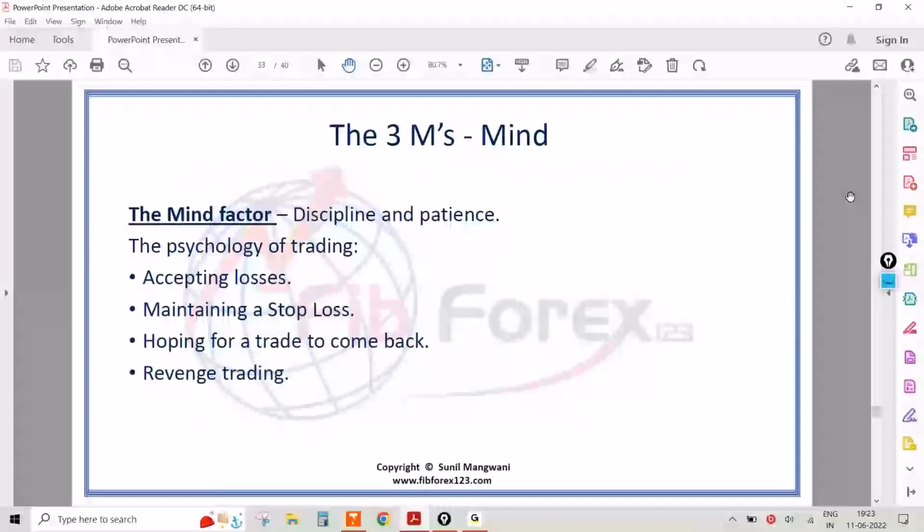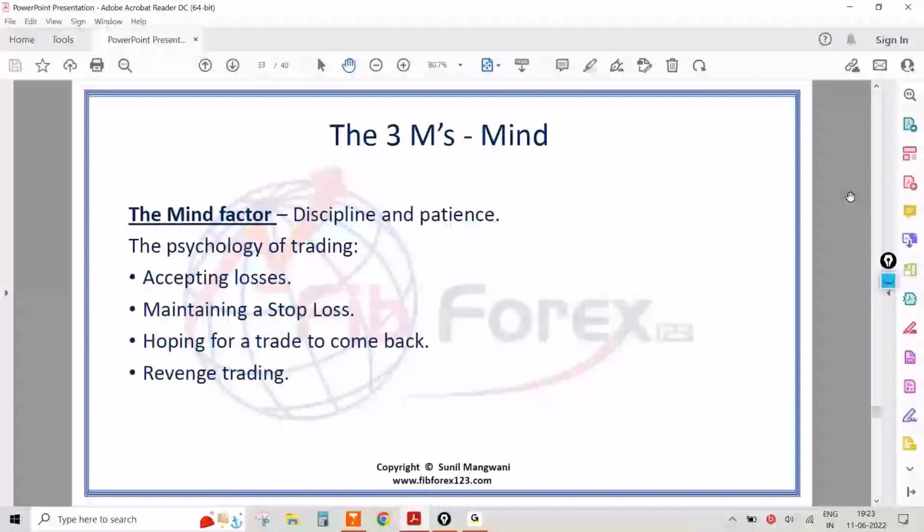You will keep doing it. But the more you trade and the more you accept your mistakes and see where you've done that, the more successful you will be. So I call it that your mind factor is a skill that has to be developed, which comes from experience, which comes from the fact that you cannot become a successful trader overnight. It takes time. All right.